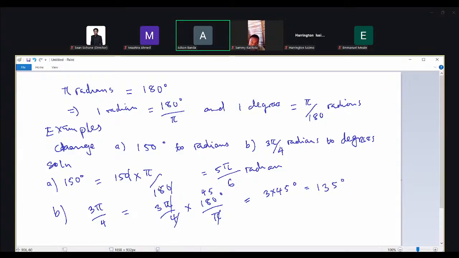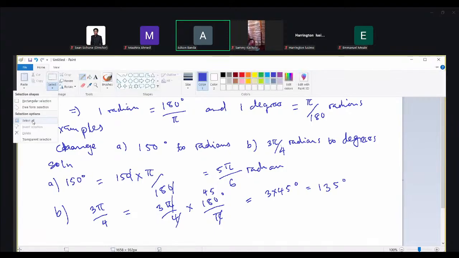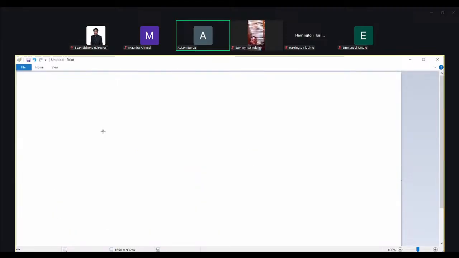Now we want to move to what are known as the trigonometric ratios. So again, I want to erase whatever is here so that we can use the same board. So we have what are known as trigonometric ratios.